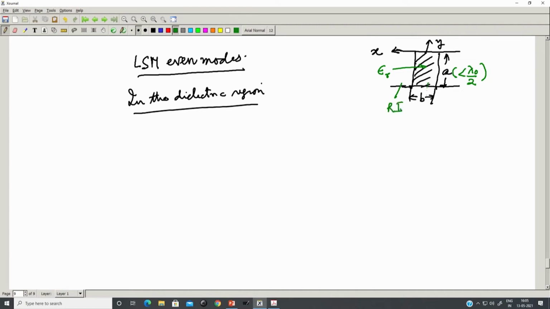Region 1, region 2, region 3. So, for the LSM even modes, we have a cosinusoidal distribution of the potential function here.